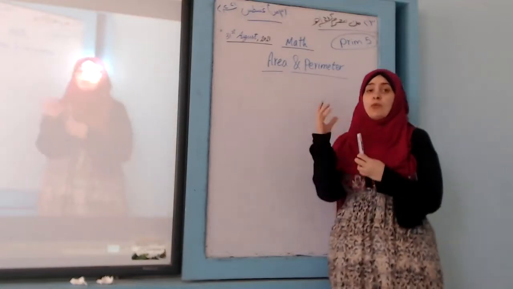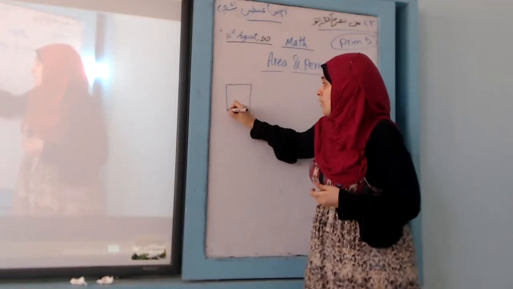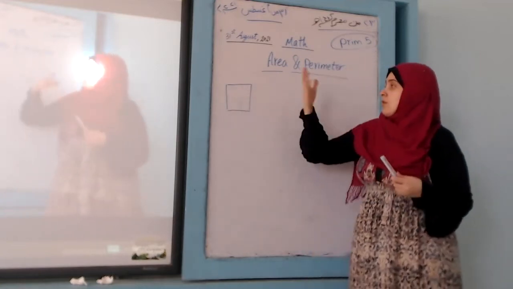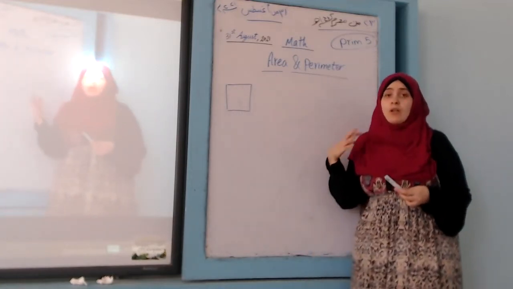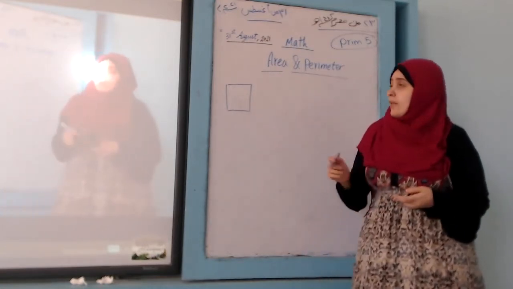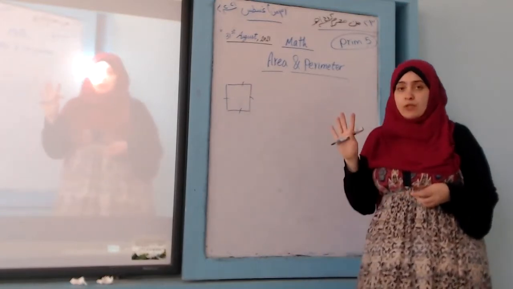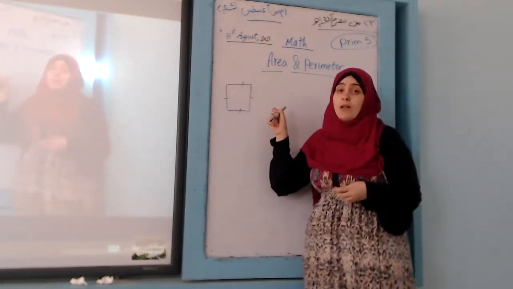The first shape we have learned is a square. To know the area or the perimeter of a square, I must know the properties of the square. A square is a polygon that has 4 sides, all sides equal in length.